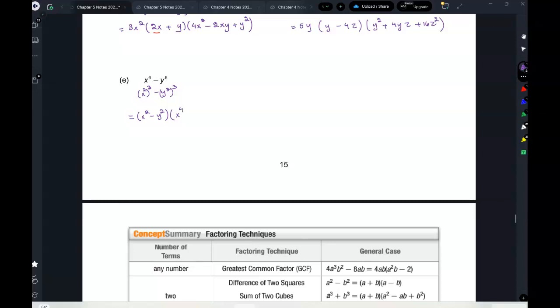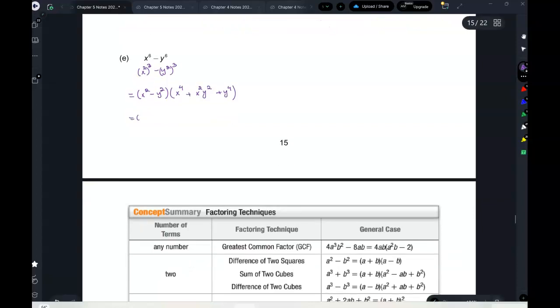What do you guys think? Plus. Multiply them, x squared y squared, plus y to the 4. Now, can I factor further? Sure can. x plus y, x minus y, x to the 4 plus x squared y squared plus y to the 4, and that's it.